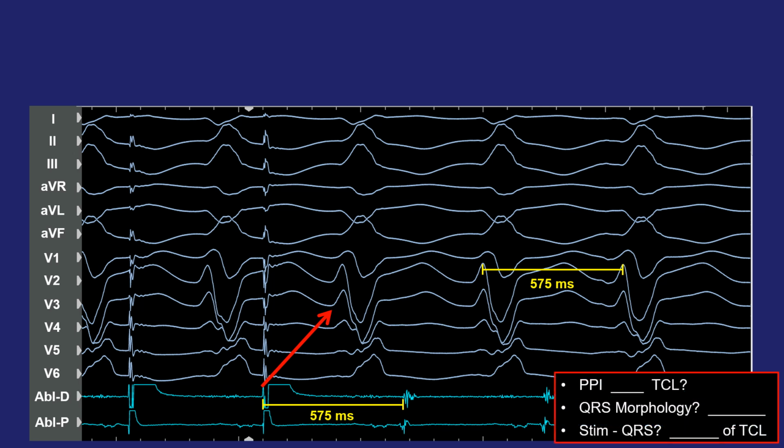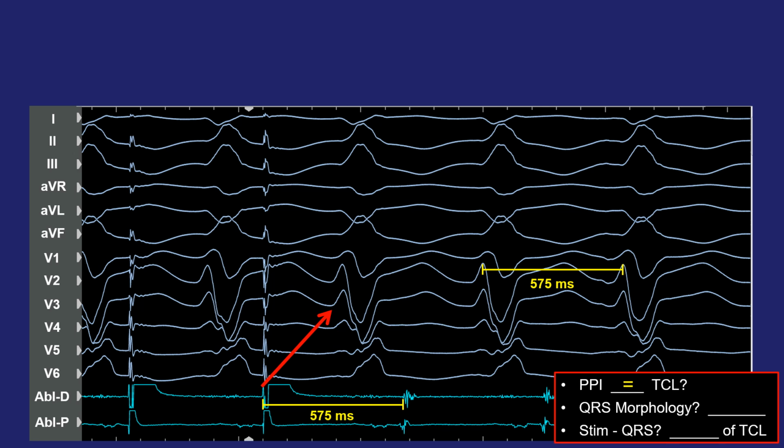So we're going to run through this checklist every single case. So the post-pacing interval here is the same as the tachycardia cycle length, right? Pacing stimulus to the first sharp electrogram in the captured electrogram here in the distal ablation catheter. That's the same as the tachycardia cycle length. What does that mean?